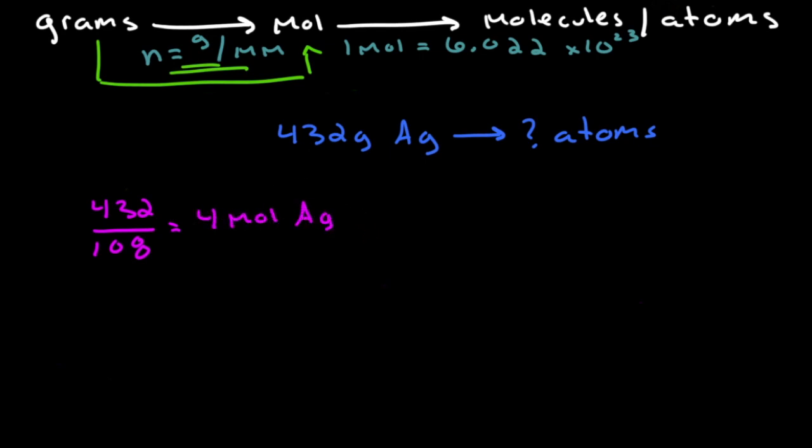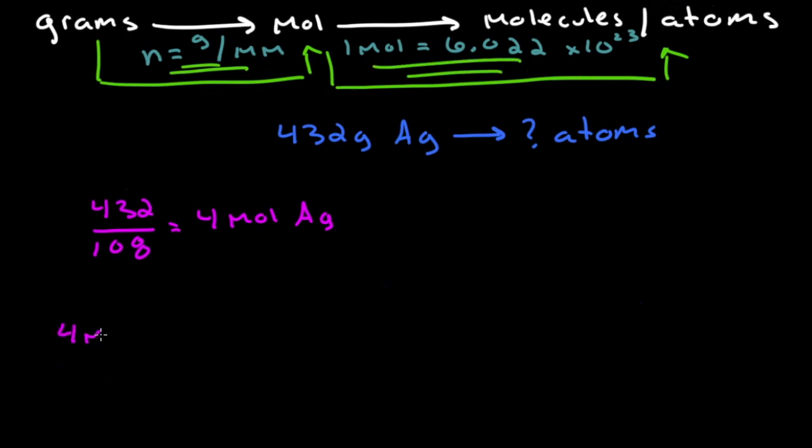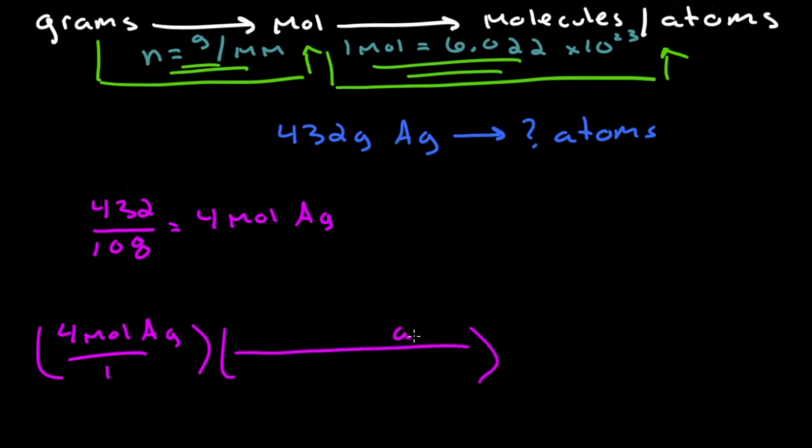And so now what we'll do is go from moles over here to atoms, and we'll use Avogadro's number to convert that. So we're going to take that we have 4 moles of Ag, and we'll put that over 1, and then we'll do a dimensional analysis to figure out how many atoms that is. So I'm going to put atoms up here on the top, and I'll put moles right here on the bottom. And then Avogadro's number says that for every 1 mole, we're going to have this number of atoms.